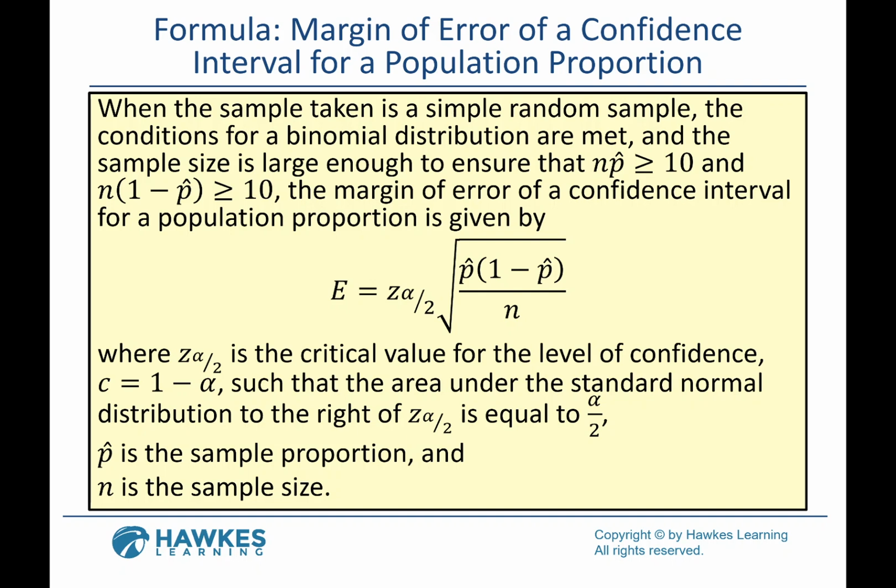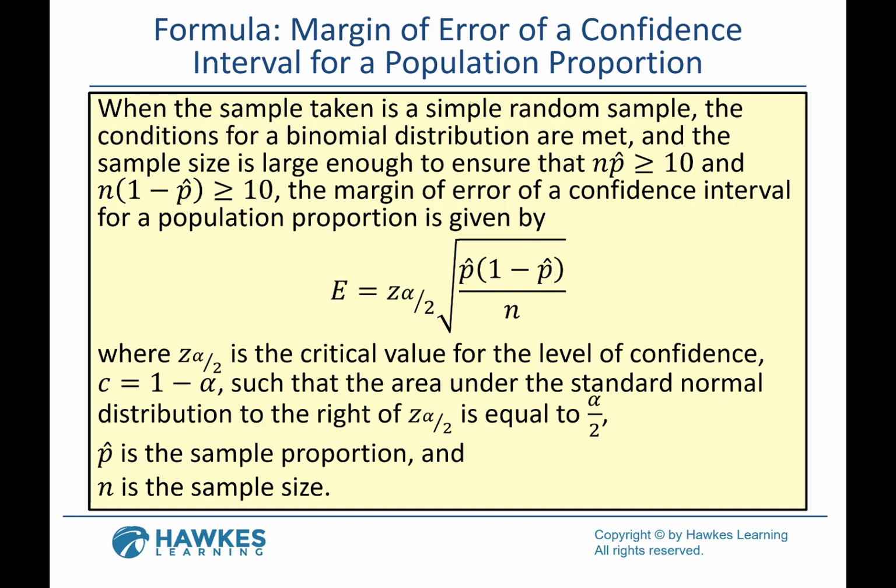But before we dig into the formula, let's look at this part. It says our sample needs to be a simple random sample. That's been true the whole time; we've just kind of been ignoring it. But here, the conditions for a binomial distribution are met, and that happens when we're working with proportions. Here are our two conditions.